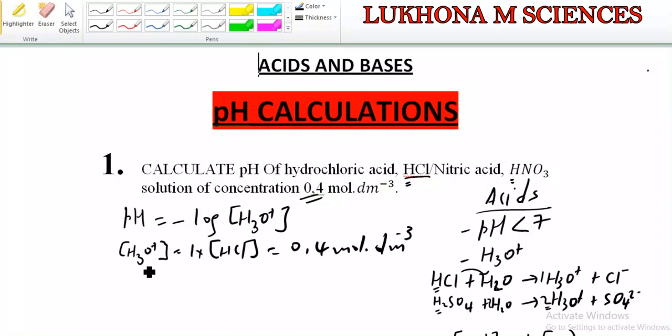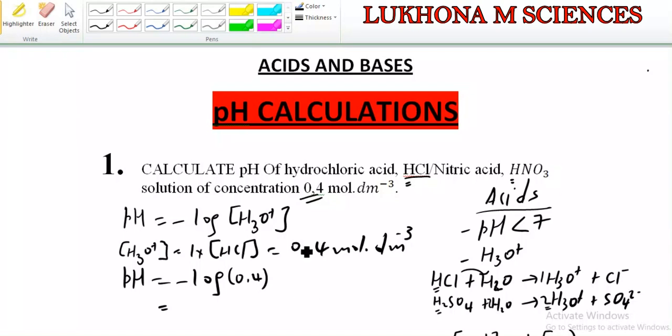Okay, so in this case there is nothing to calculate. Let's just substitute into the formula. pH will be equal to minus log, then the concentration of hydronium ion is 0,4. Then we press the calculator.